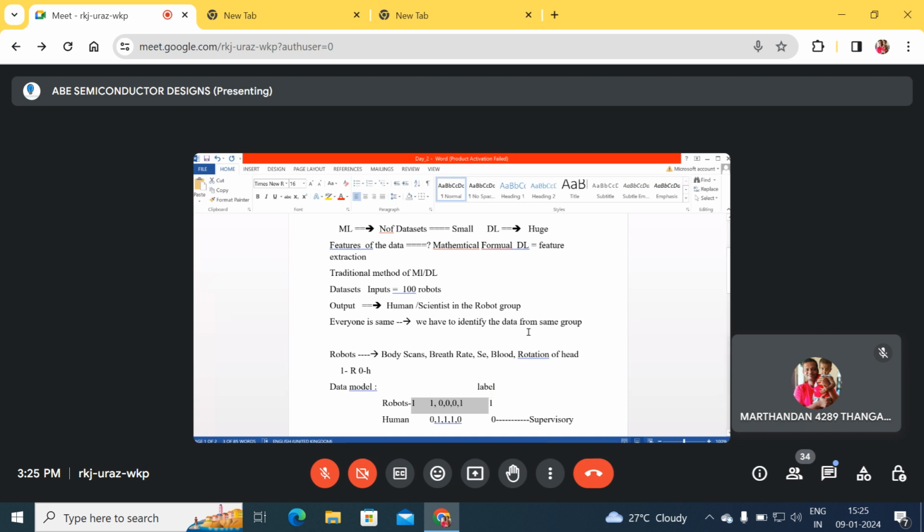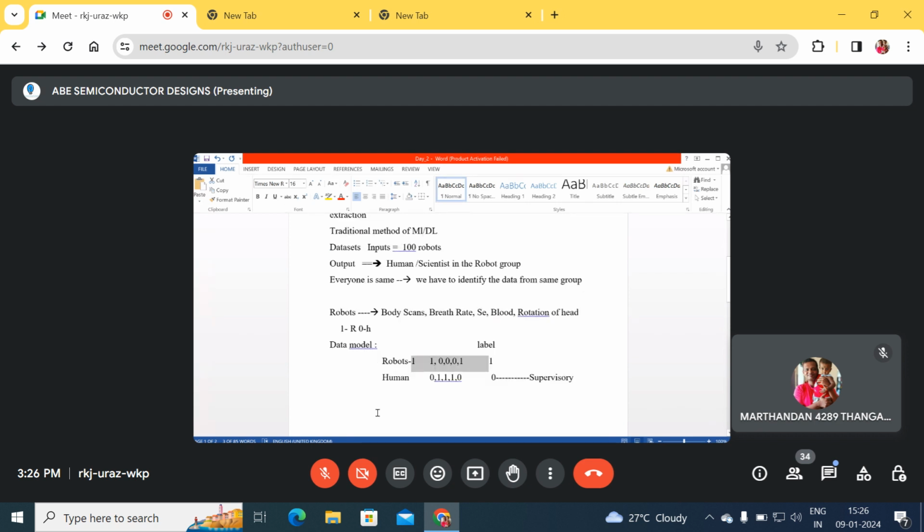If that is known, then it is known as the supervisory training model. There are supervisory and unsupervisory. Supervisory, I repeat, is when input and outputs are known to the model, then it is called a supervisory model. This is the logic, right?